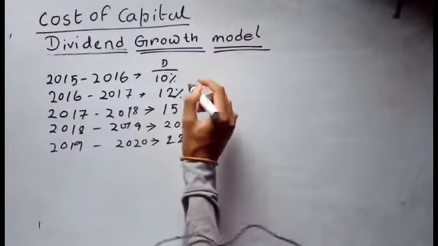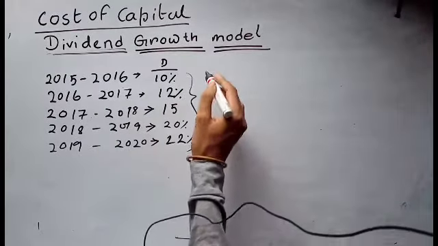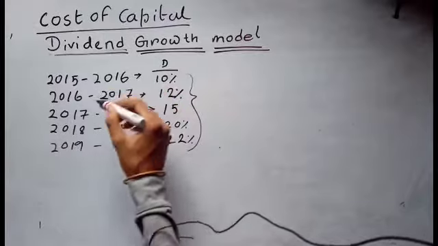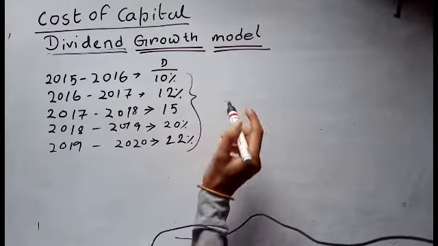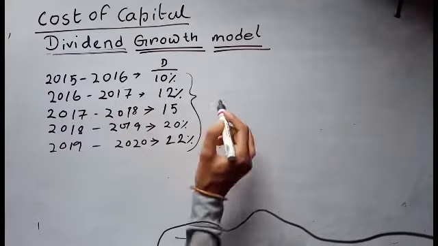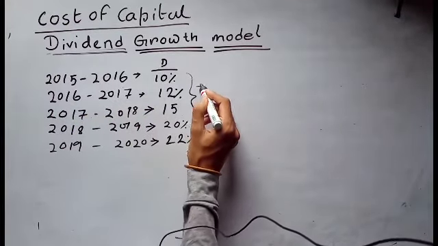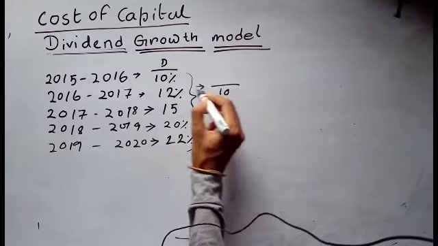Here we need to understand what is growth in this rate. So 2015 and 16 is the base year for 2016 and 17. What is the growth for 2016 and 2017? The base year is 10.